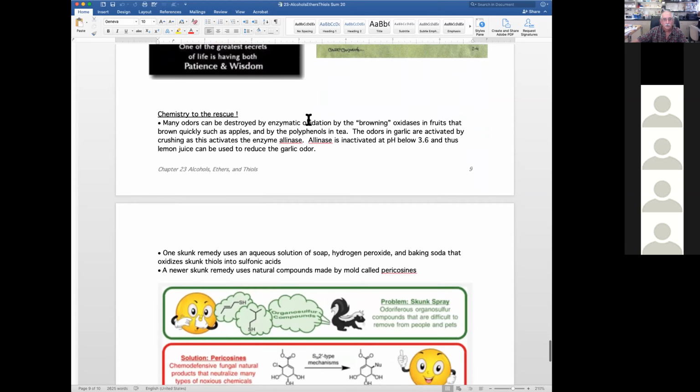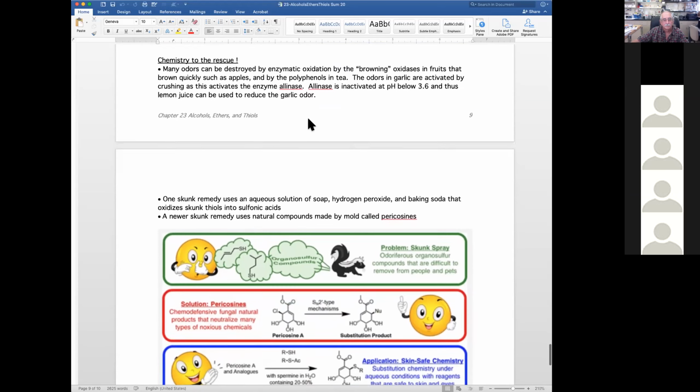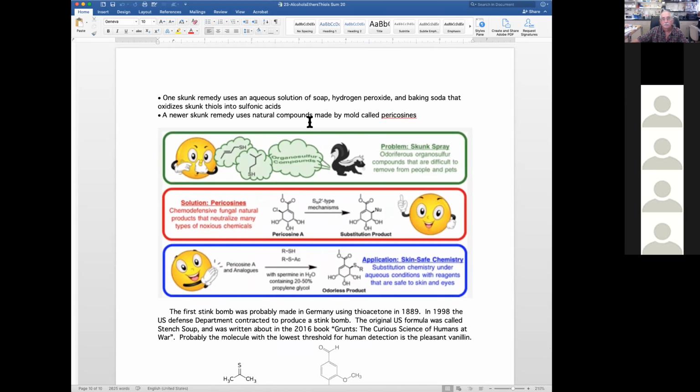So skunk odor can now be destroyed. They found these natural compounds made by certain molds, and what it does is this molecule takes the thiol and basically does an SN2 type reaction with it, and you end up with this product over here that doesn't have a smell.